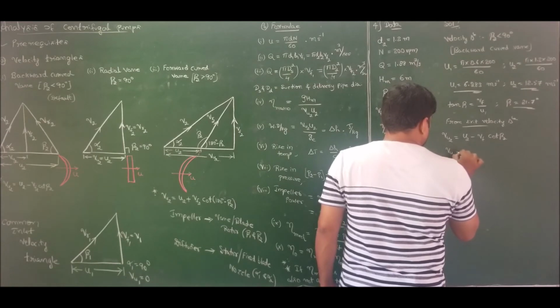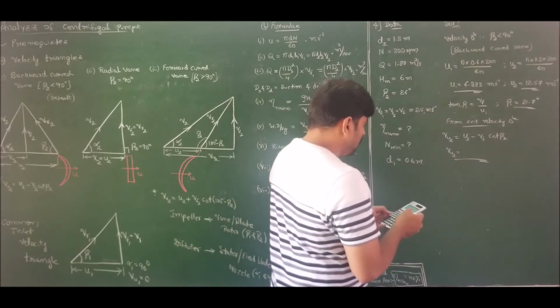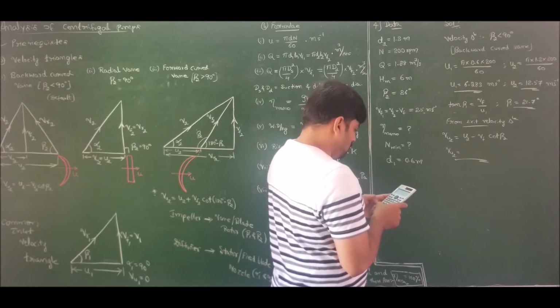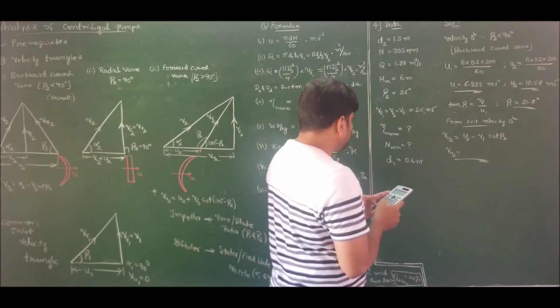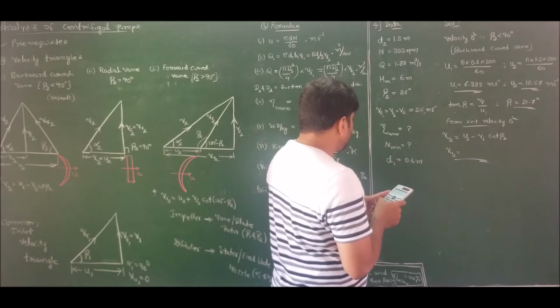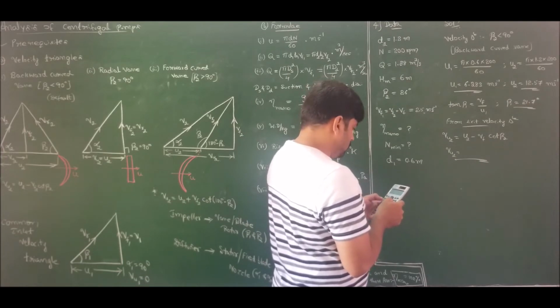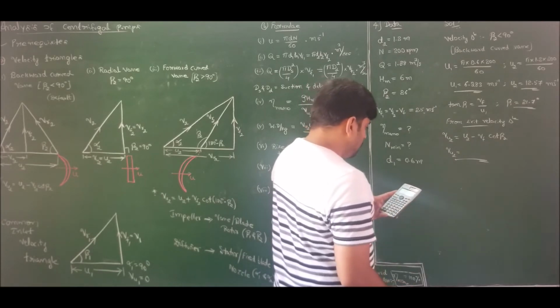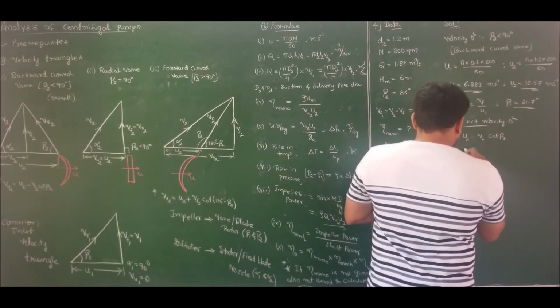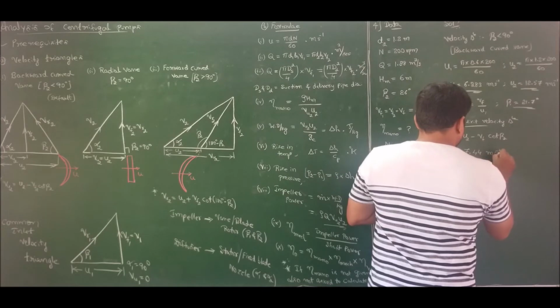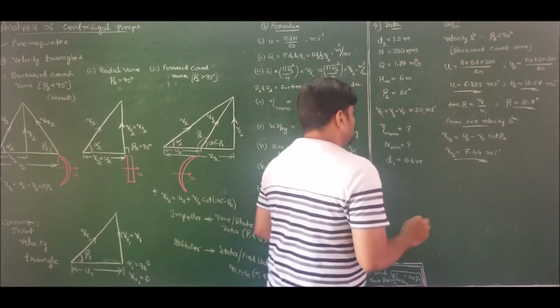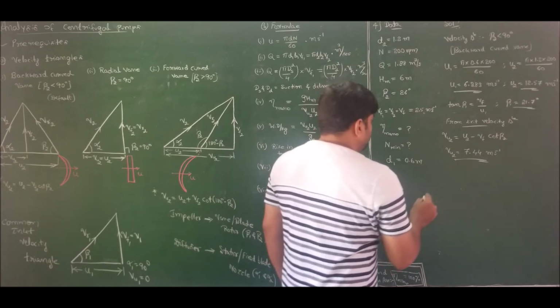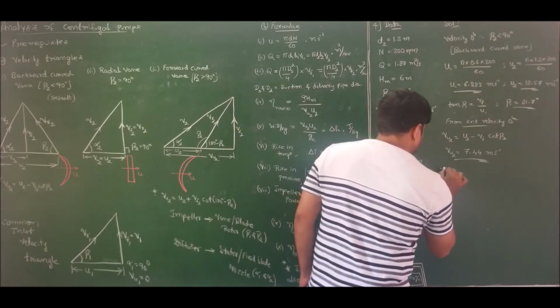So Vu2 will be U2, which is 12.57, minus Vf (2.5) into 1 by tan beta 2 (26 degrees). So Vu2 is 7.44 meters per second. Now I can find the manometric efficiency.